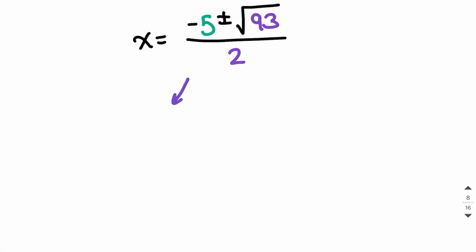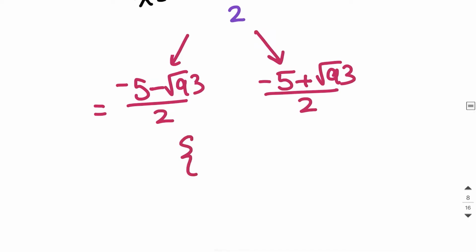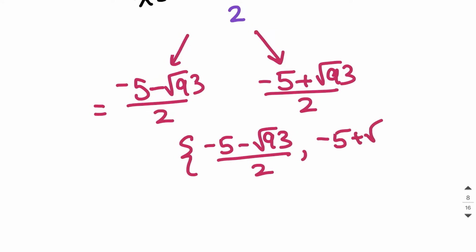Which means that my two solutions here would end up being negative 5 minus the square root of 93 over 2, or negative 5 plus the square root of 93 all over 2. So my solution is this expression right here, and I call it an expression, but it's actually a number.